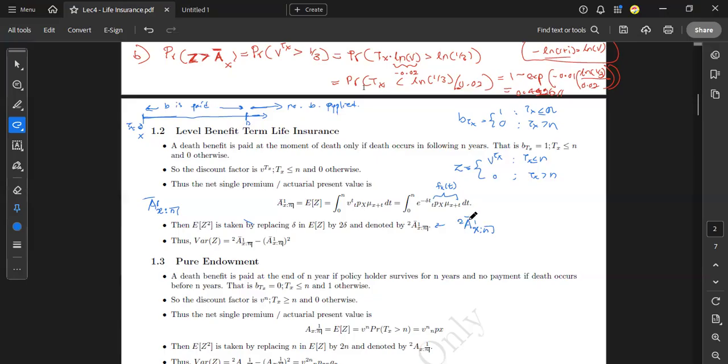That means we have the actual present value of this term life insurance for n years, and the 2 denotes the second moment. Now, if we have the first moment and the second moment, we can find the variance using this equation. That's how we can find the variance of the present value random variable for a level benefit term life insurance of $1, with a term of n years.